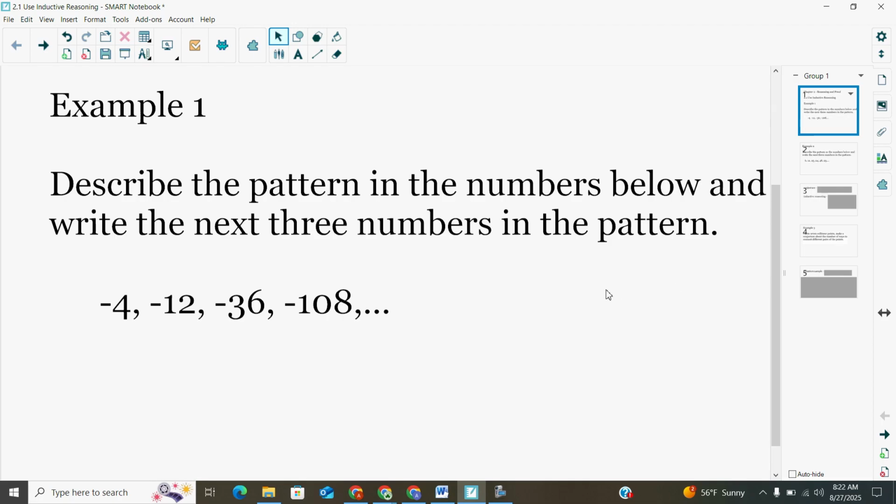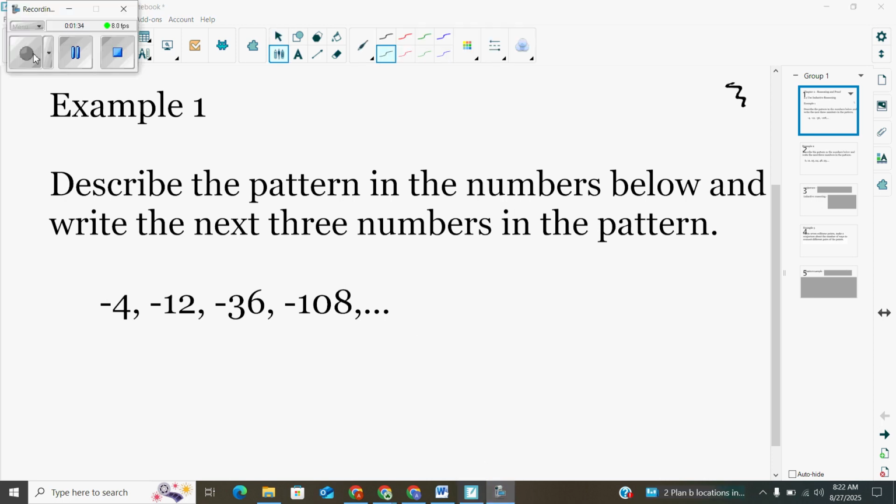It's fairly basic. We are given -4, -12, -36, -108. So first thing I'd notice is our numbers are becoming more and more negative, and pretty quickly, not by a consistent amount.